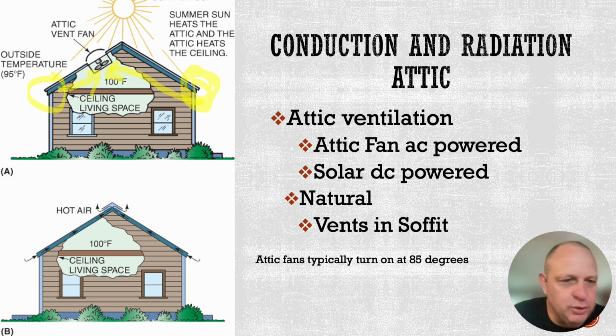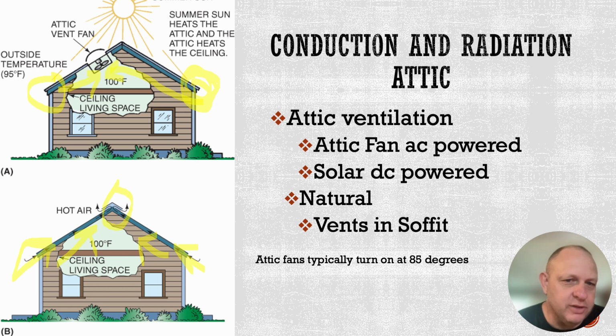Now, we can also do it naturally. Put this ridge vent in, and then you have soffit vents that are sitting at the bottom of our roof, and that's going to allow that air to be drawn up into the soffit, and take that heat out of the structure. Now, when we're dealing with specific attic fans, we have to understand that the typical temperature at which they're going to be turning on is somewhere around 85 degrees for that structure.